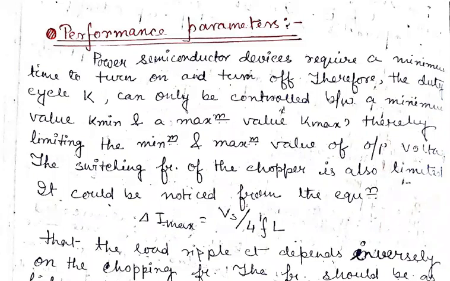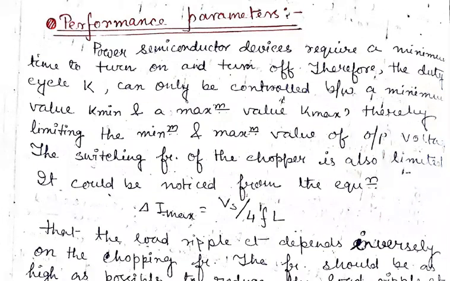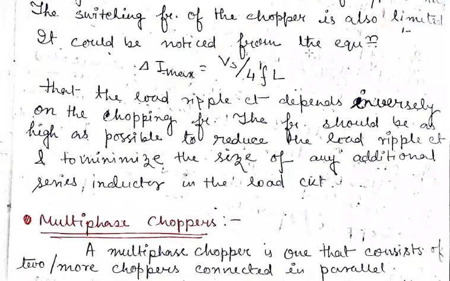So the switching frequency of the chopper is limited by controlling the duty cycle K. It is also noticed that delay max is nothing but Vs by 4FL, as the frequency is limited, meaning the switching frequency of the chopper is limited by varying K.